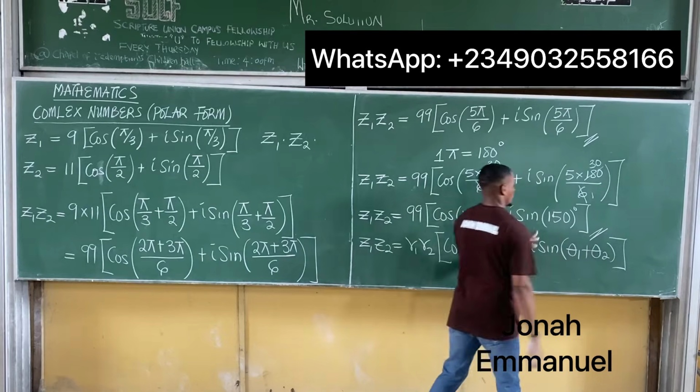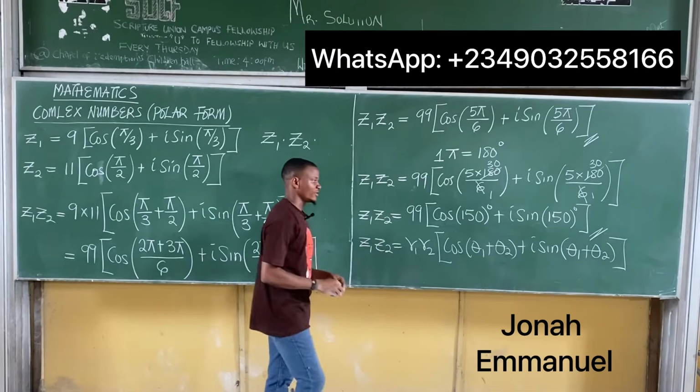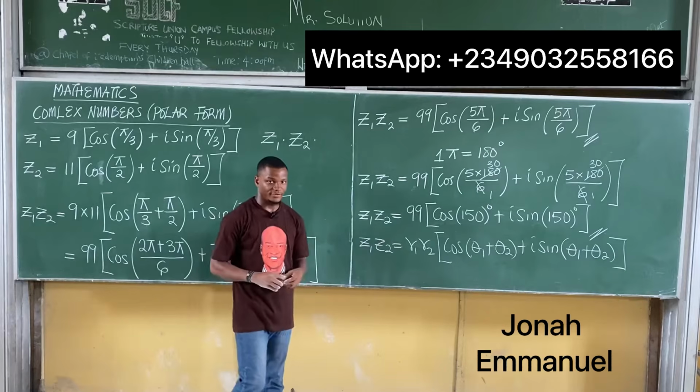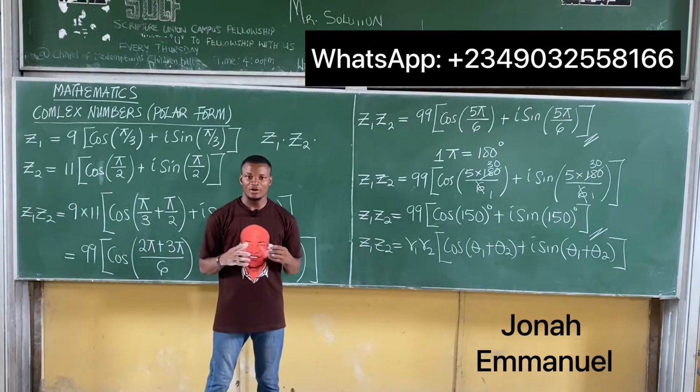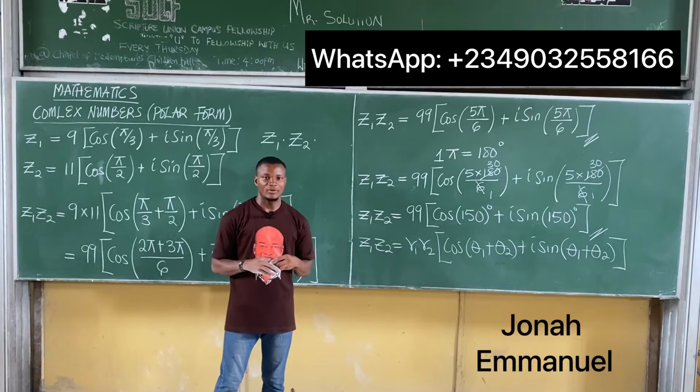So this becomes the value of z1 z2 in terms of degrees. So this is how we solve the multiplication of complex numbers in polar form.